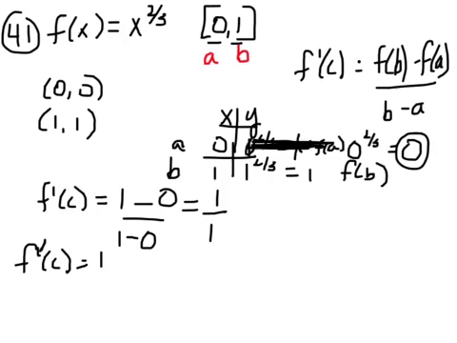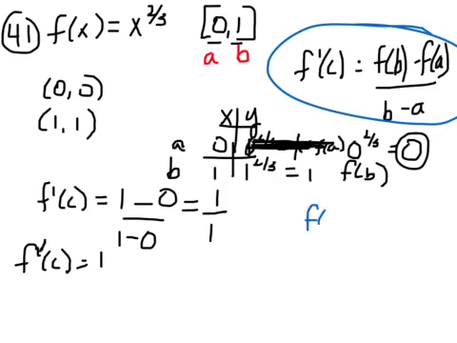Now, where does it occur? That's what the mean value theorem is trying to help us find. We don't have to do it too much, but where does that occur? How can I find where the derivative is 1? Well, let me go back and take the derivative. So the second part of this is this was just the slope formula, and you'll see that on page 174. But if the function was this, and I take the derivative, hey, that's not a hard derivative, is it?